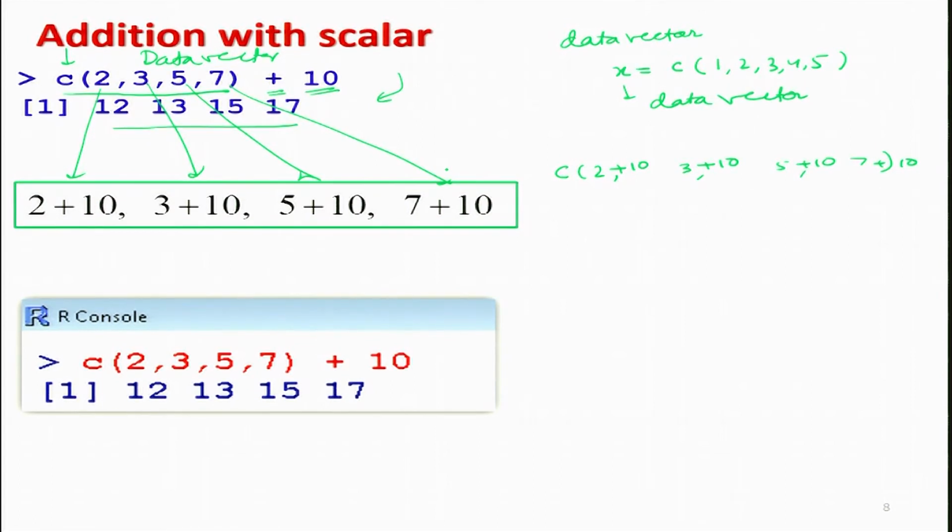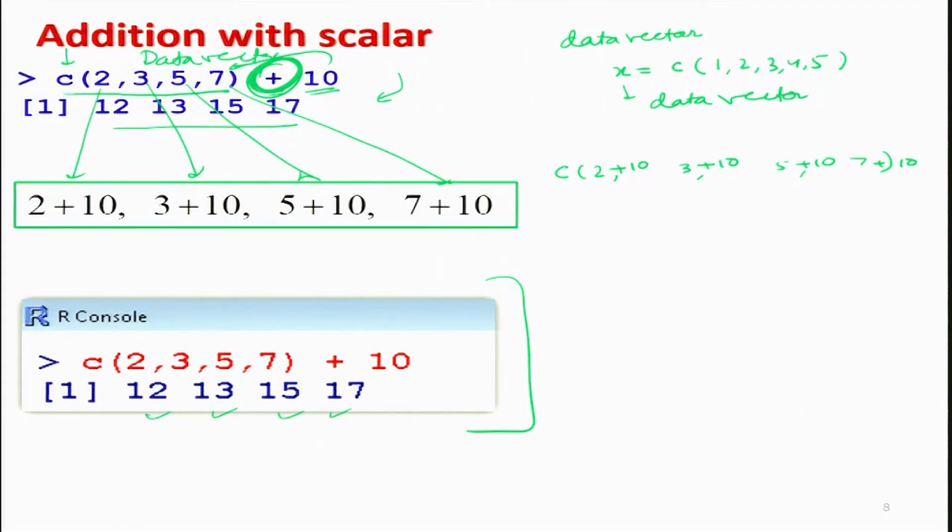So what you have to see is that the scalar is entering into this data vector inside the parentheses, and it is operating with the given operator on each element inside the data vector, and that is why the outcome comes out to be 12, 13, 15, 17.